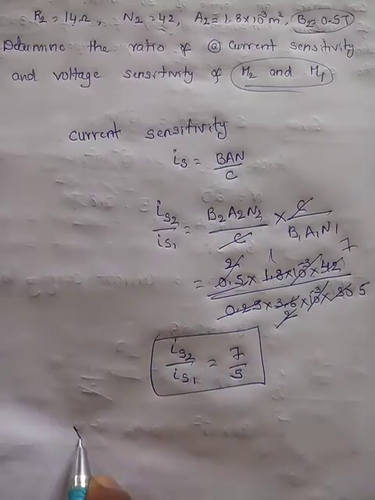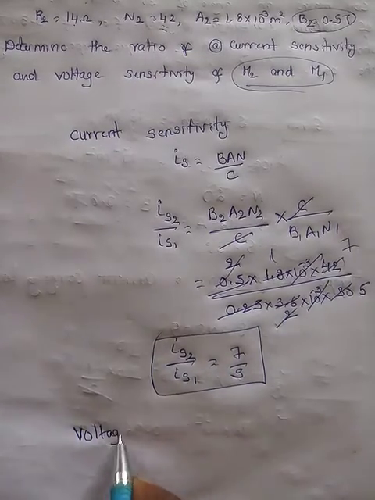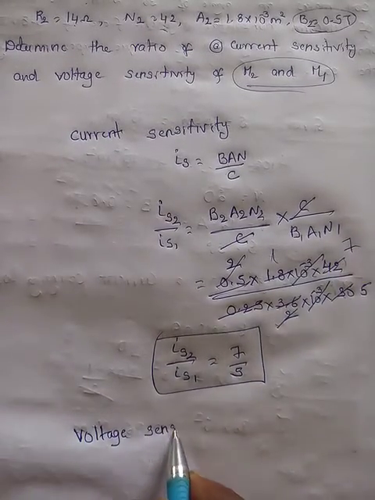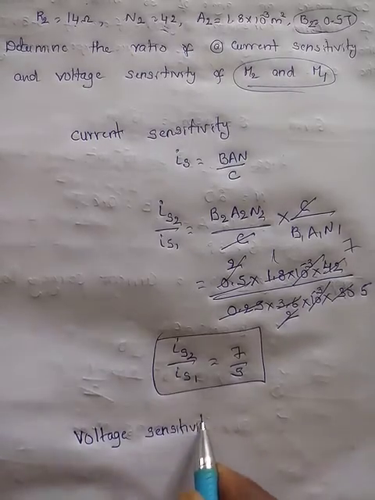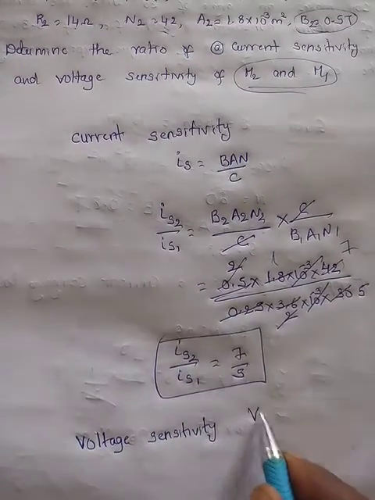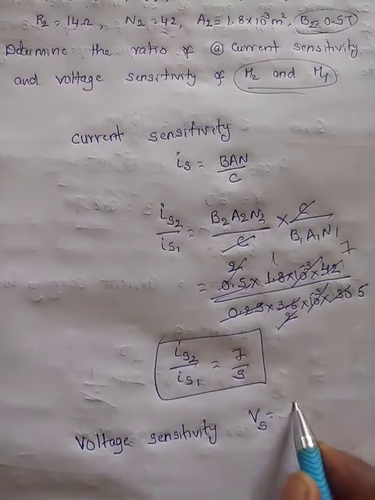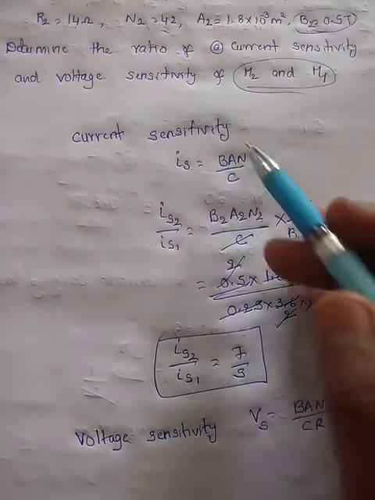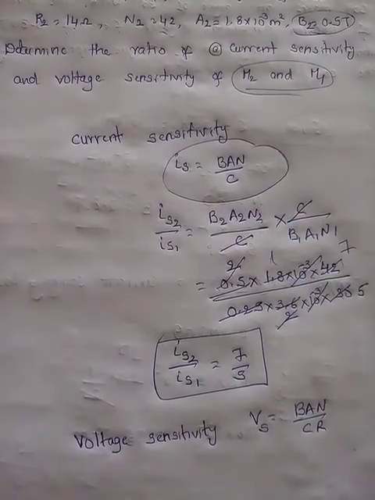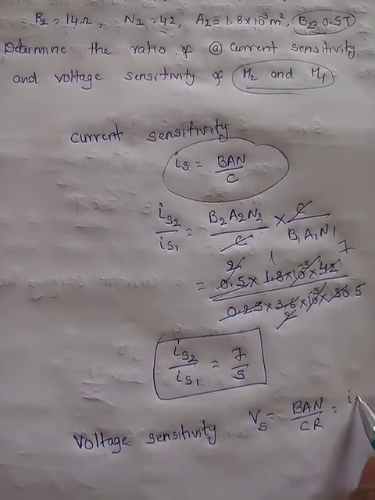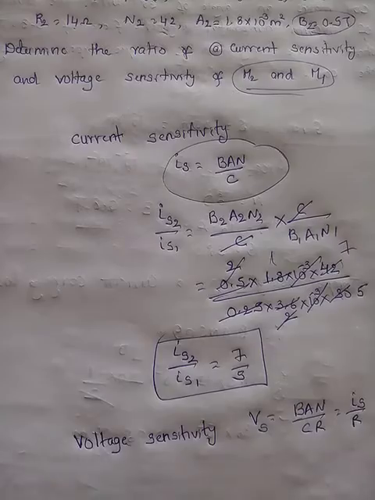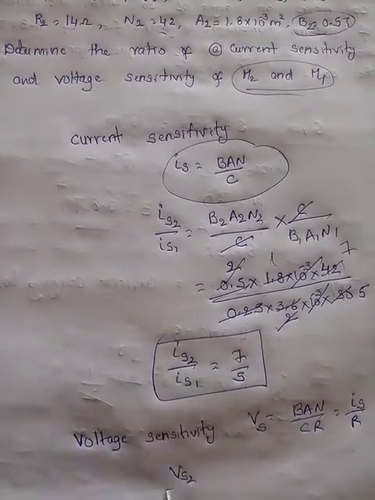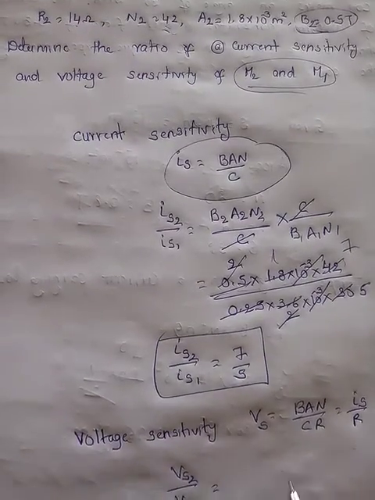Next one is what? They ask for the voltage sensitivity. What is that? VS is equal to BAN by CR. So what is BAN by C? BAN by C is IS. So you can write IS by R for simple calculation. Then what do you get? VS2 by VS1 is equal to what?